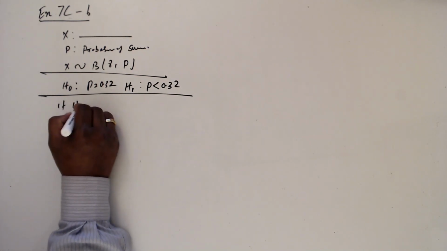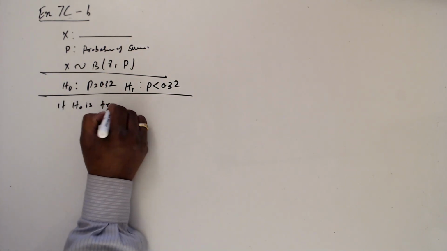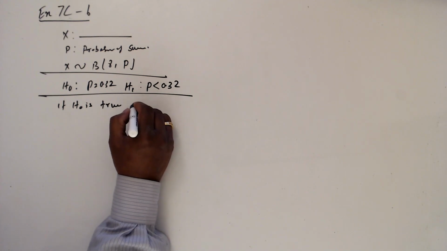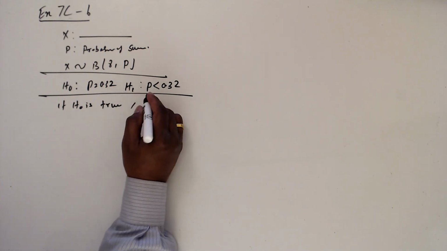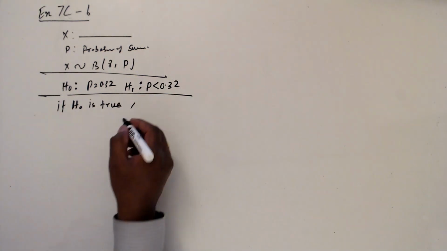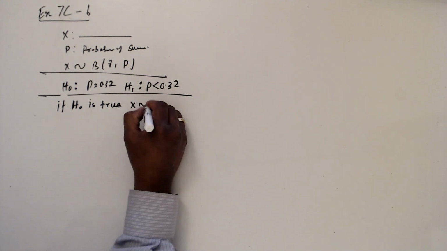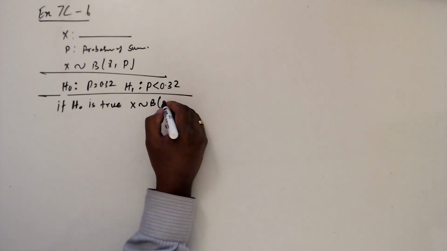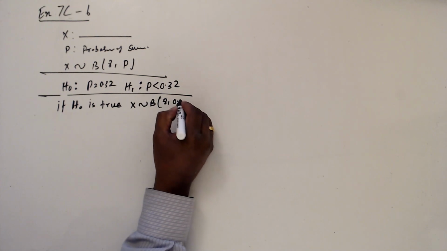If H naught is true, X follows binomial 8, 0.32.